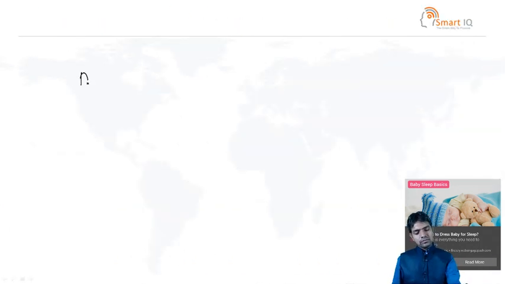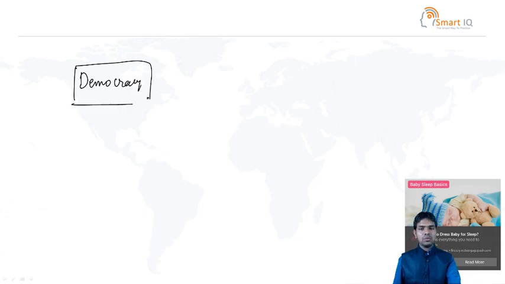In a democracy, there are two kinds of democratic countries in the world.